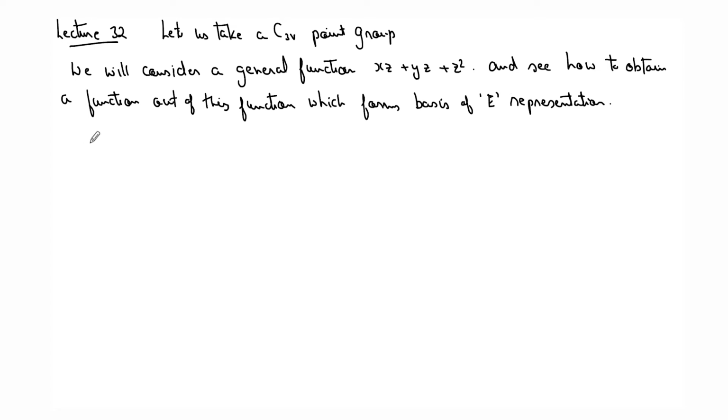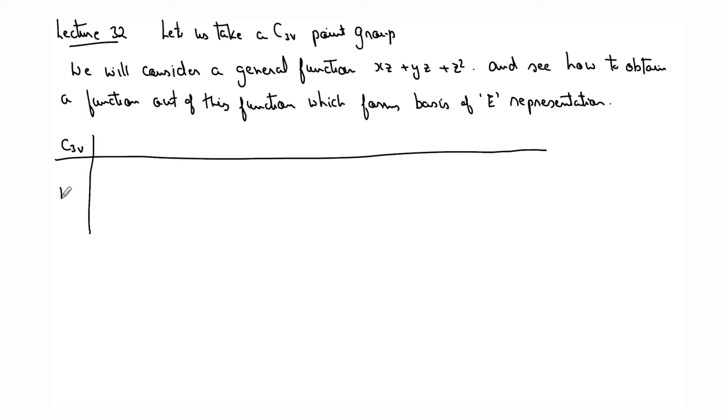Okay, so let us first write down all the matrix elements for the E representation for the C3V point group. And now we have to expand on all the symmetry operations because the matrices are different, right? So for C3V, this is the E representation which we are talking about.